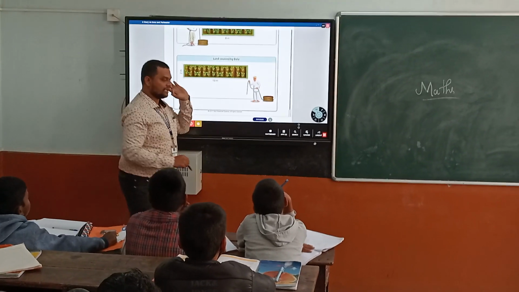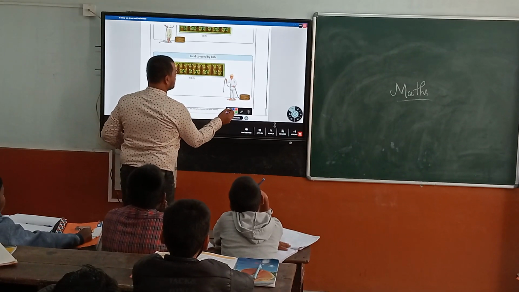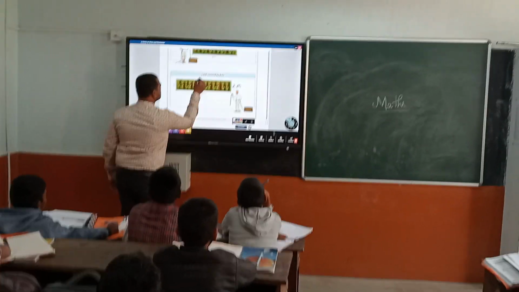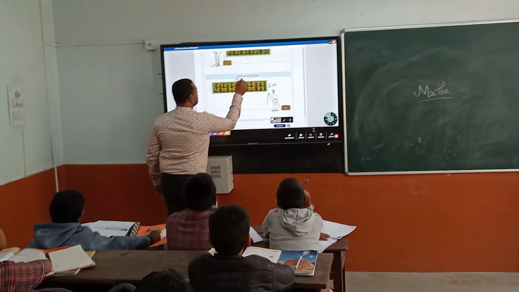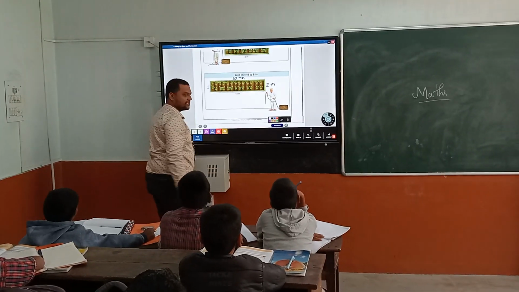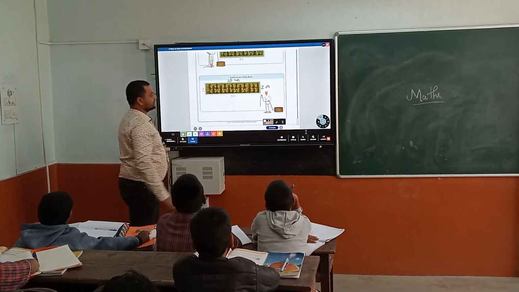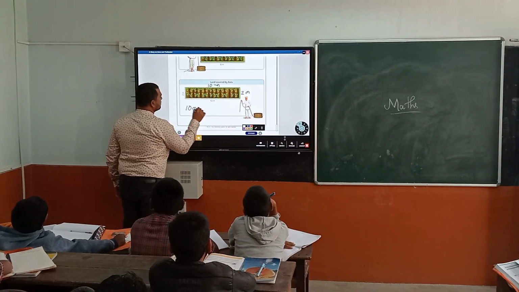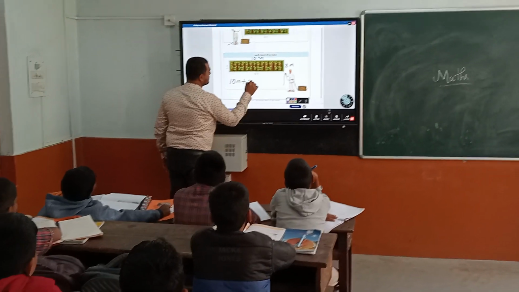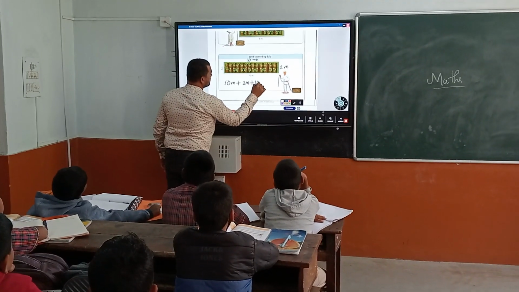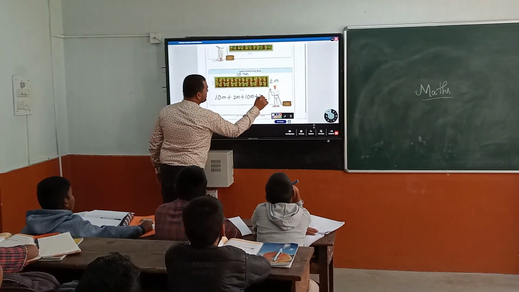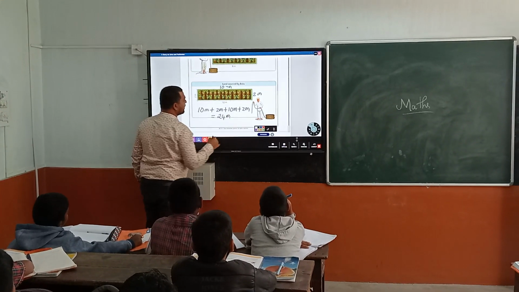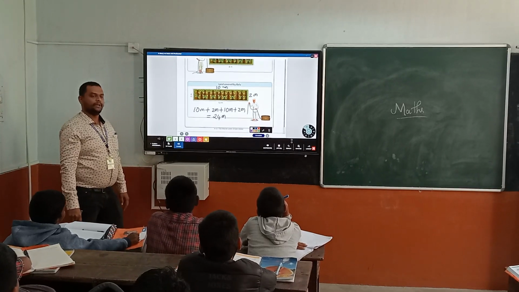This is 2 meters and this is 10 meters. So all four sides are known, and we add the total: 10 meters plus 2 meters plus 10 meters plus 2 meters. So it becomes 24 meters.